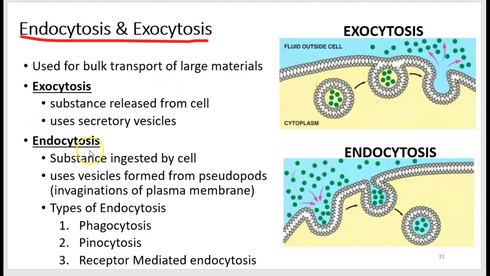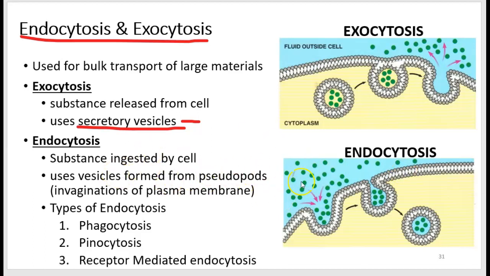And what happens is that for exocytosis, secretory vesicles are formed, and then they merge with the cell membrane and release. So this is just like we talked about already with proteins leaving a cell. But the cell can use this, and it does require energy to form a vesicle and all of that.